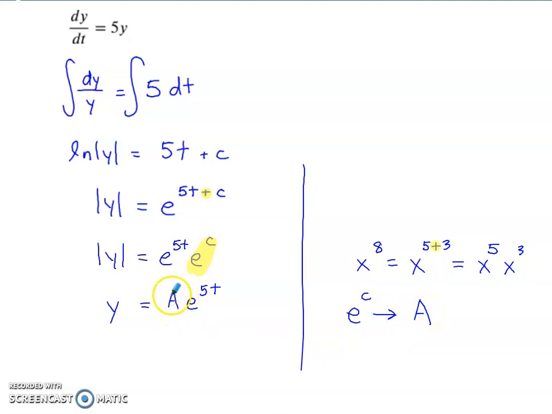If I allow this arbitrary constant a to take on negative values, I don't have to worry about the two different cases that we were talking about on the prior screen in order to get rid of the absolute values. The transition of addition in the exponent to multiplication of like bases, recognizing that one of the pieces of this product is a constant, re-representing it with an arbitrary constant, and allowing that arbitrary constant to become negative when it needs to be, allows you to bypass having to do what we talked about on those first few screens.